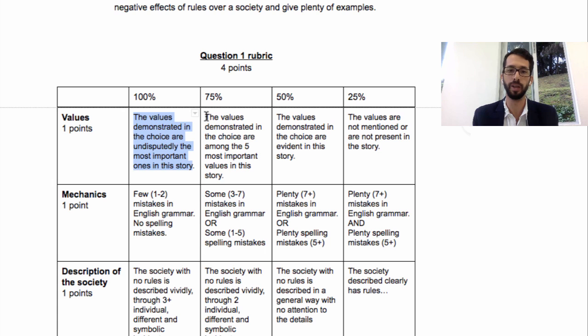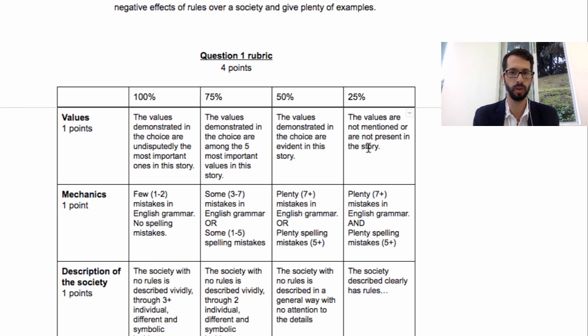If the values are among the 5 most important, but can be argued that they are not the 2 most important, you'll get 75% of this 1 point. If the values demonstrated are evident in the story, but not the most important, you get half a point.